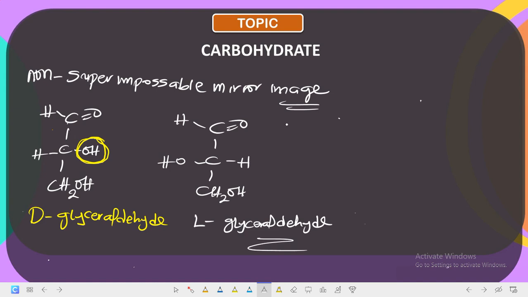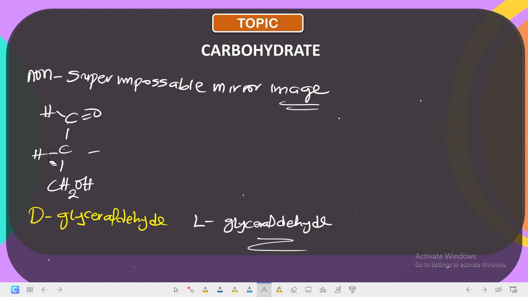Now, you can use that of glucose also to explain the concept of enantiomers. They must be mirror images. If you use glucose, let's draw the structure of glucose and then draw the enantiomeric form of glucose.